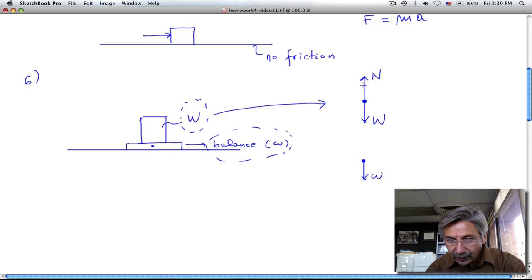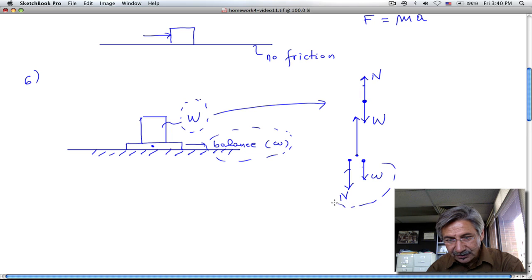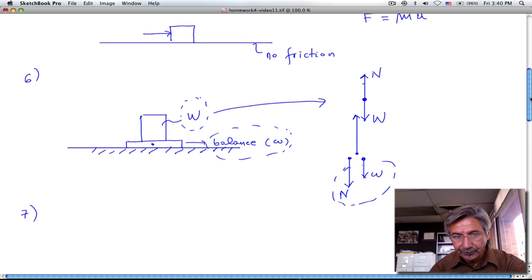So this one, by the third law, acts here. And the ground pushes up on the small mass with another normal force, which is the sum of these two forces. I hope it's clear.